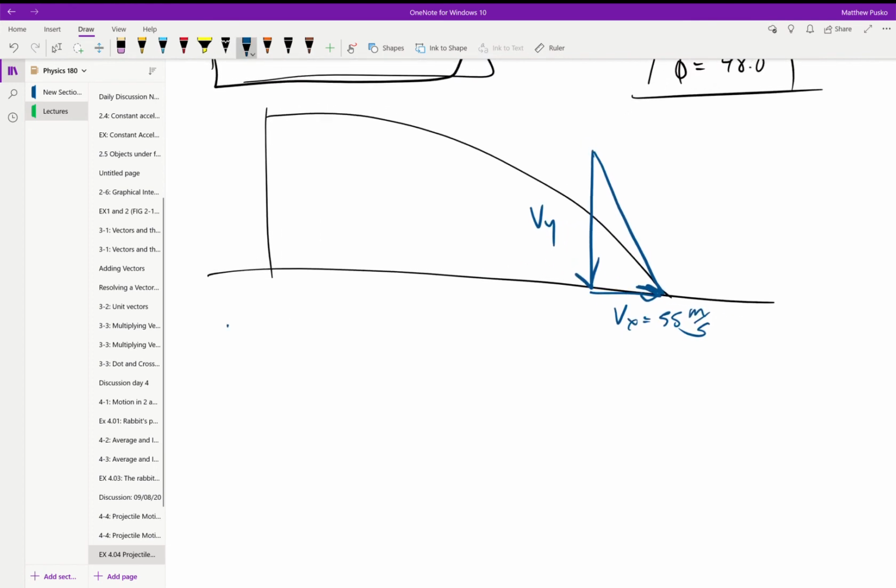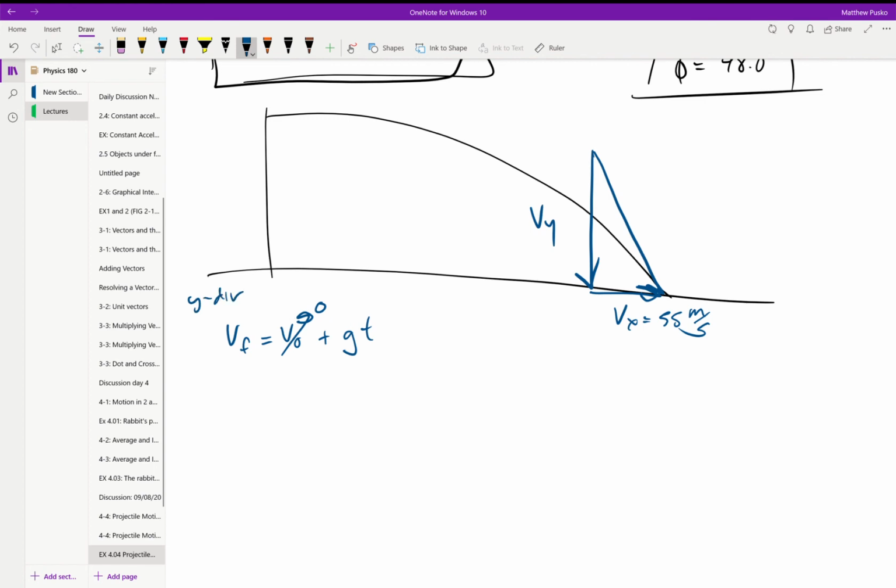So the velocity final in the y direction would be equal to the velocity initial in the y direction plus gravity times time. It was only going horizontal, so it has no velocity in the y direction.